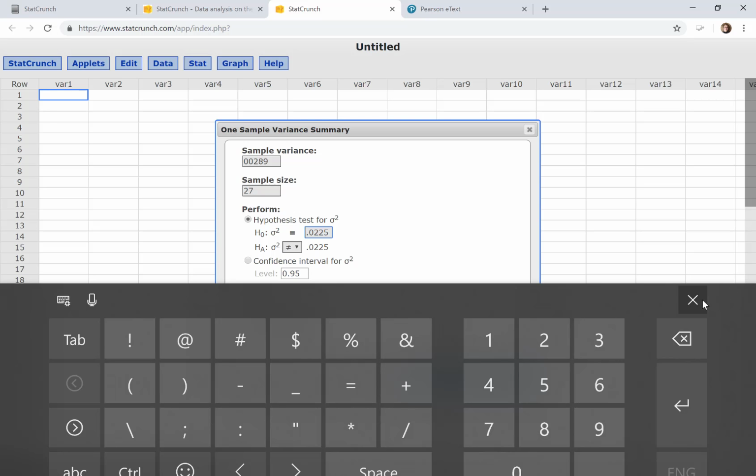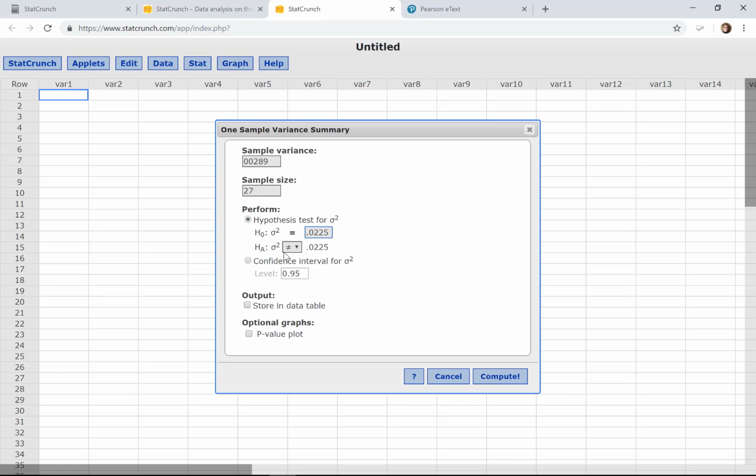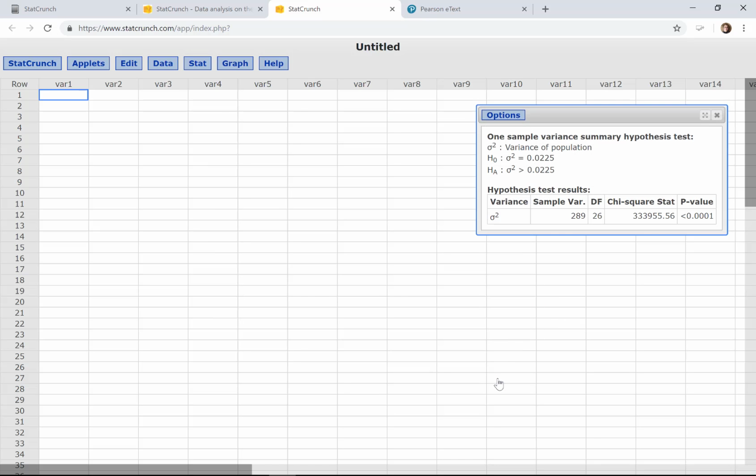And notice how that filled in for us in our alternative hypothesis. We wanted it to be greater than, so we're going to do that. And then we're simply going to do compute. Okay, so now we have our result.